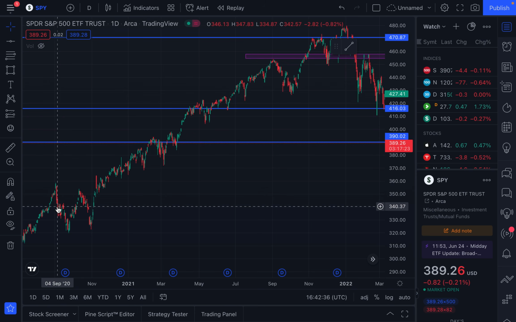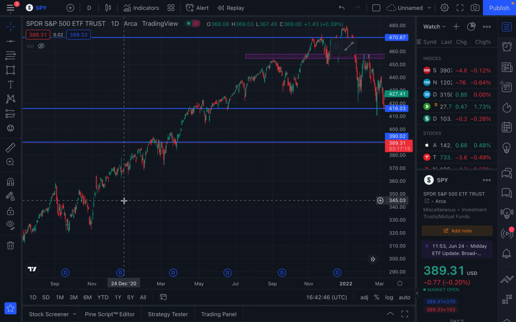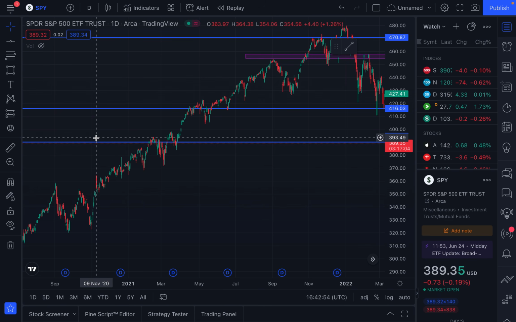How do we know we were in an uptrend? Because we kept making higher highs, higher lows. Higher high, higher low, higher high, higher low, higher high, higher low, so on and so forth. So we were in an uptrend. And so if we connect at least 3 lows here of this uptrend, we'll see a level of support.